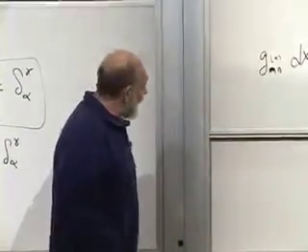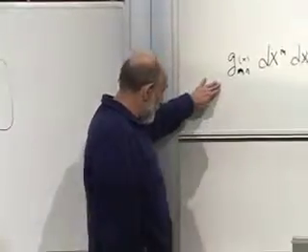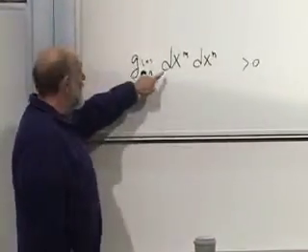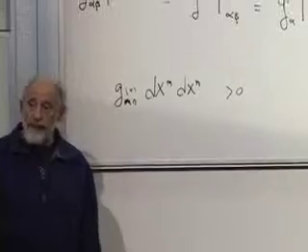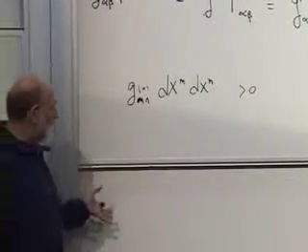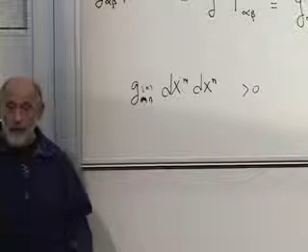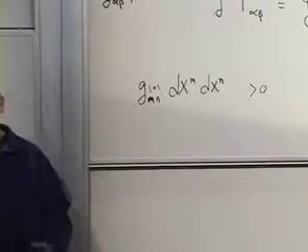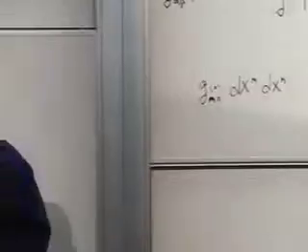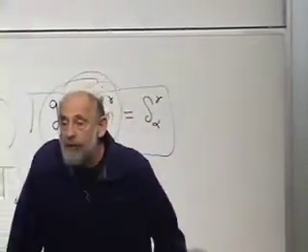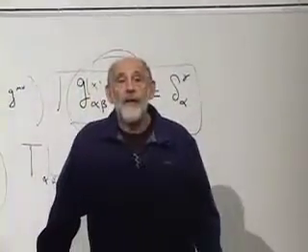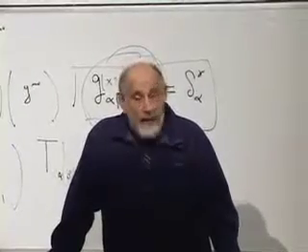Now, if you have a matrix which, when you multiply it on the left times a vector and on the right times the same vector, must be positive, then there's something you can say about that matrix. Does anybody know what it is? It's positive definite, and that means exactly what?